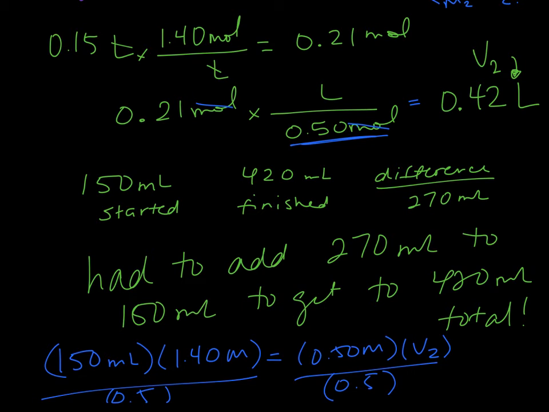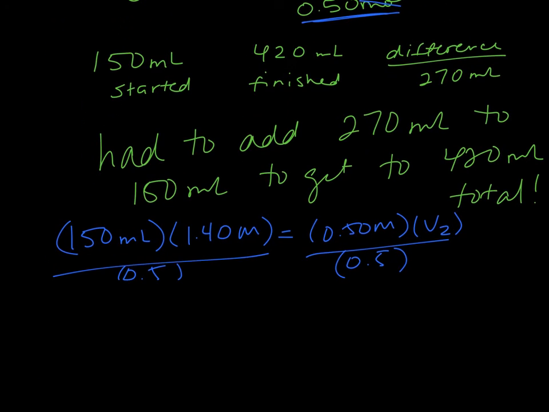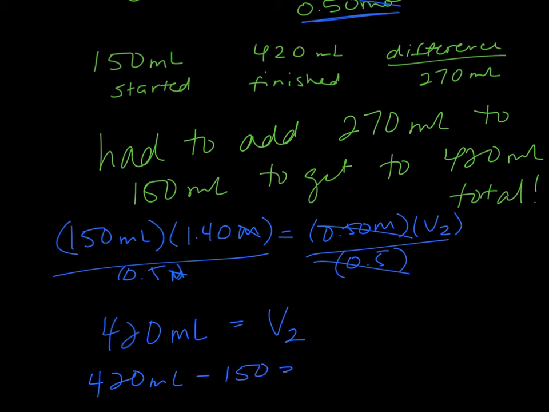So if I do that, 150 times 1.4 divided by 0.5, I get 420. So molarity cancels, and I end up with 420 milliliters total. And still you'd have to take 420 milliliters minus what you started at 150 to get 270 milliliters added.